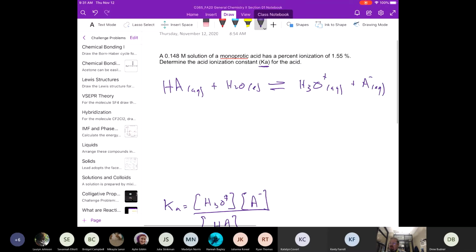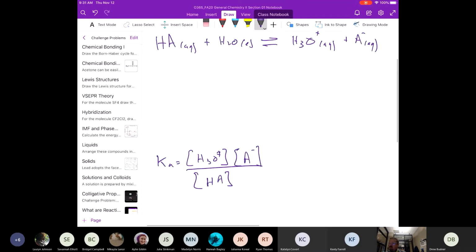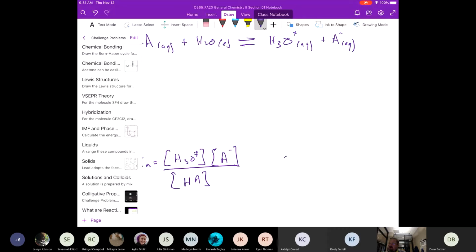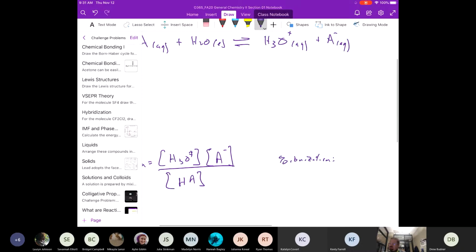The other thing that they defined here was this percent ionization. So let's take a second and look at what percent ionization is. Well, it's the amount of that species that becomes ionized.